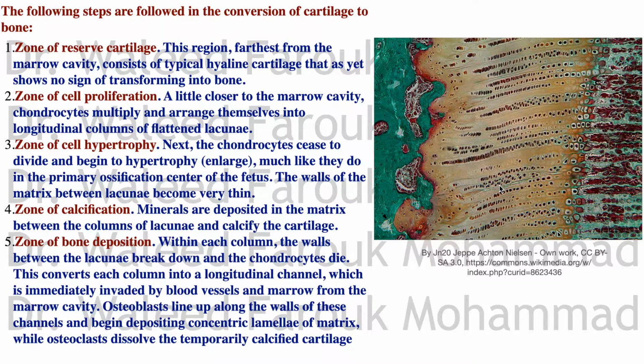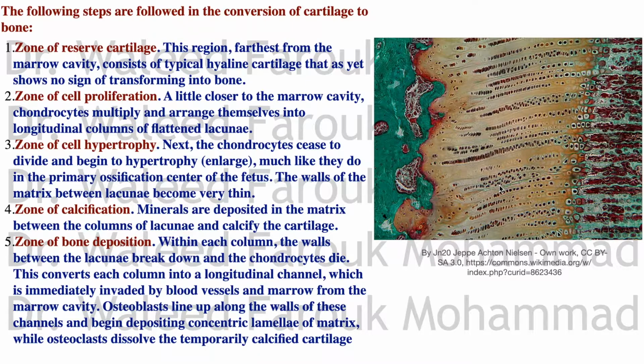Next, the chondrocytes cease to divide and begin to hypertrophy, much like they do in the primary ossification center of the fetus. The walls of the matrix between lacunae become very thin. Then comes the zone of calcification, now depositing calcium salts. Minerals are deposited in the matrix between the columns.